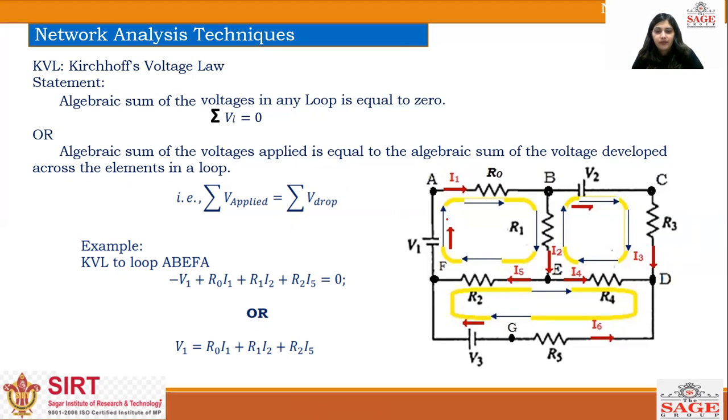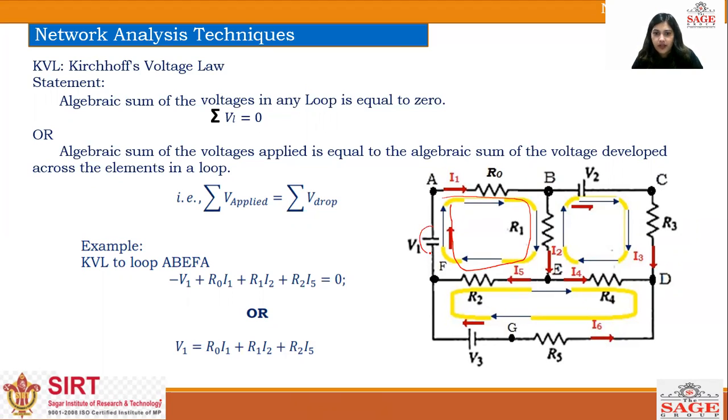Whenever we talk about a loop, that is a closed path. Suppose we are talking about A, B, E and again A. So how many voltages are present here?